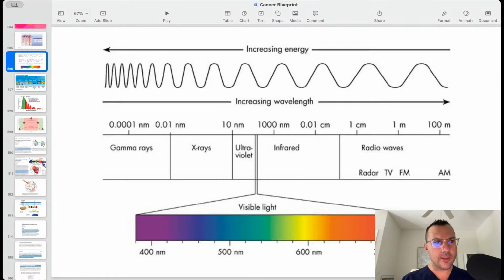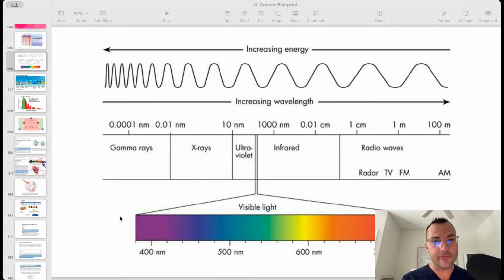So I think that the best way to discuss photobiomodulation, or the use of light to affect our biology, is by starting with the electromagnetic spectrum. And I'm not going to sit here and pretend that I know everything about this science, but what I will say is that the sun puts off all kinds of different waves, but some of those can be taken up by the ionosphere and the atmosphere and so on and so forth.